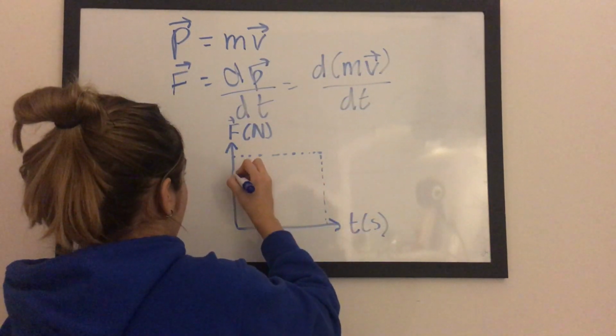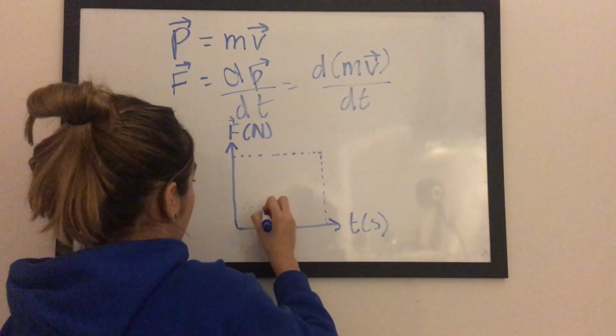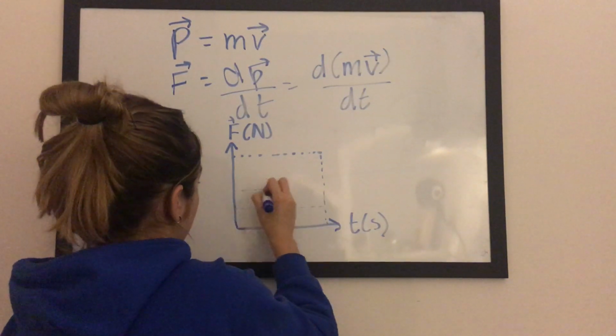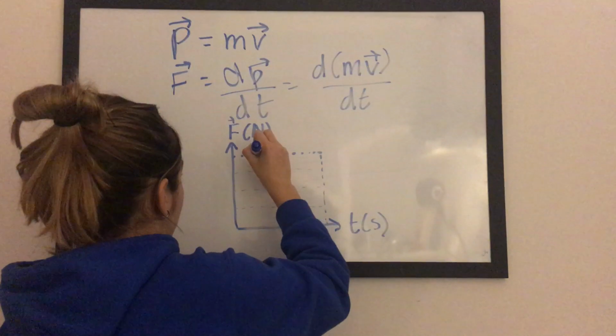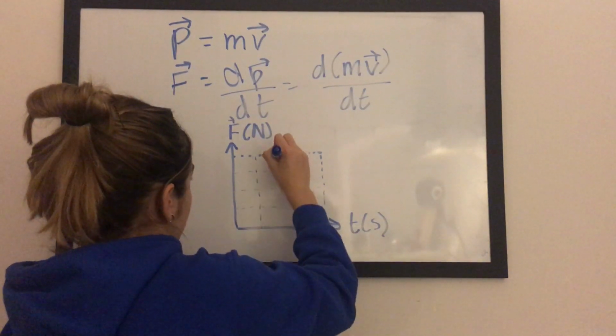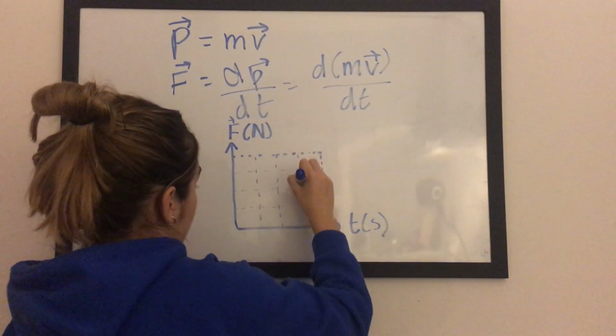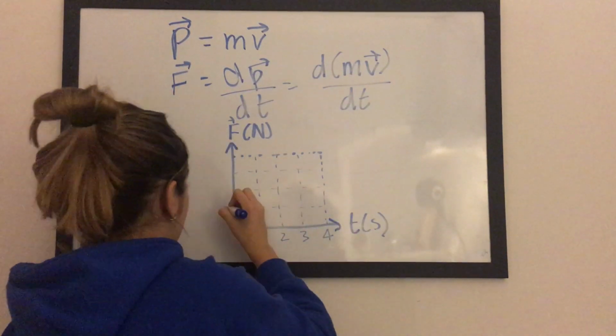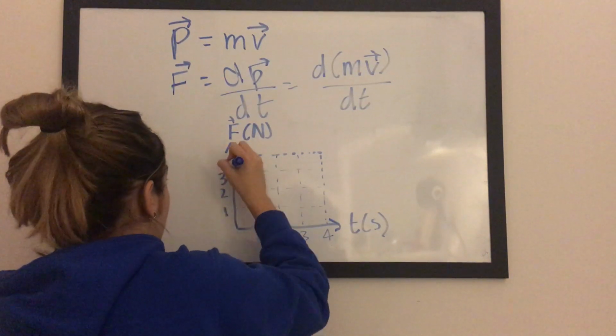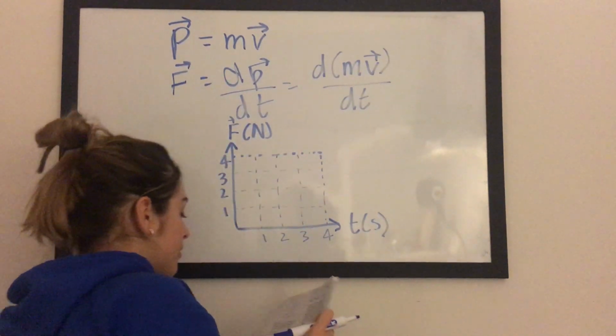I'm just going to do a rough estimate here. 1, 2, and 3. 1, 2, and 3. So we've got 1, 2, 3, 4. And 1, 2, 3, and 4.